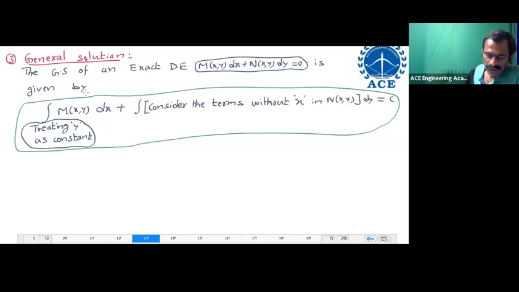This is a direct format to write the general solution of exact differential equation when the exactness condition is satisfied.